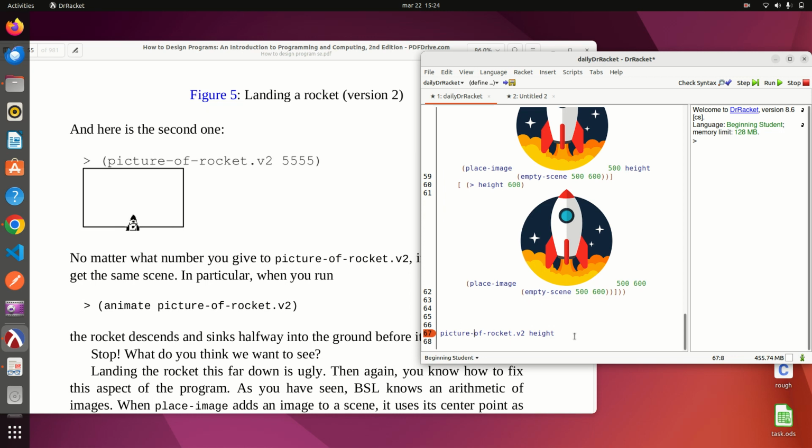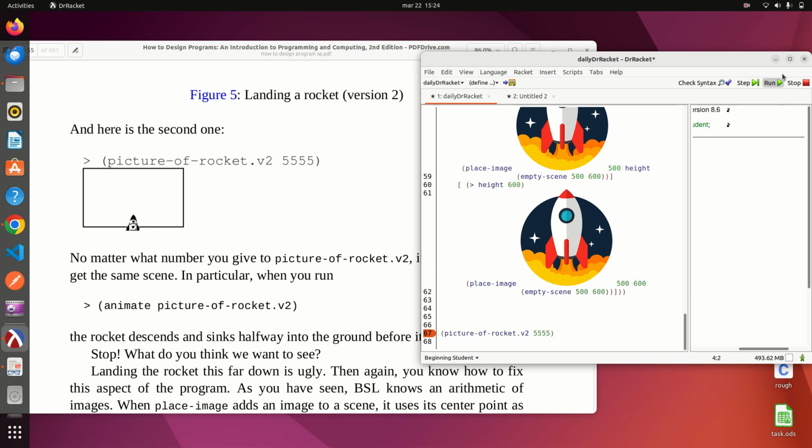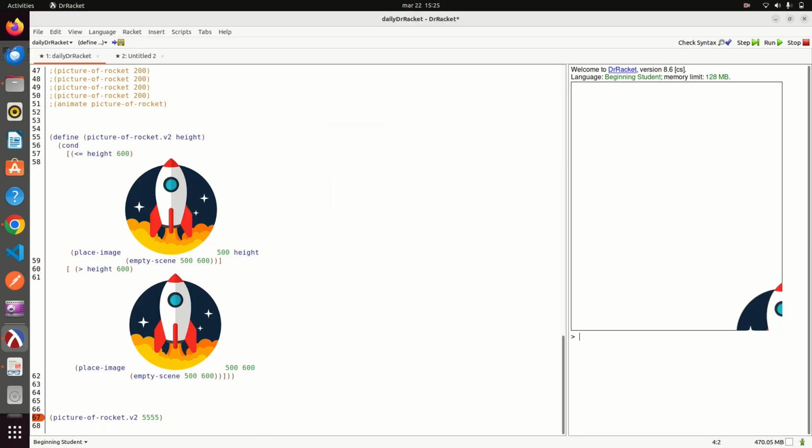Yeah, this is quite fun. V2. Let's... what the hell was that? Yeah, I mean it's squashed completely.